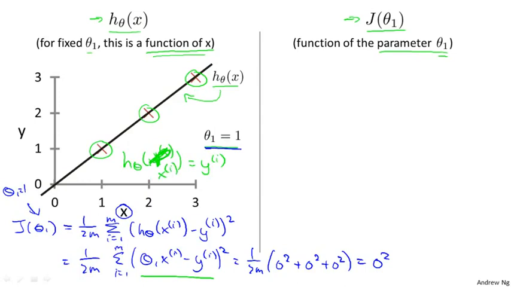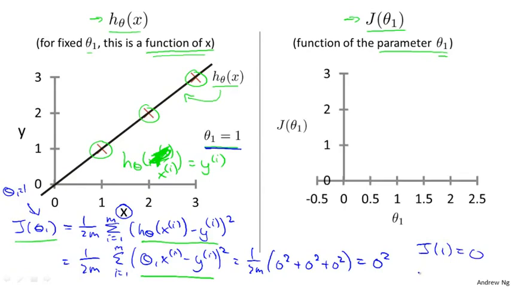And so h of x_i minus y_i, each of these terms is equal to 0, which is why I find that J of 1 is equal to 0. So we now know that J of 1 is equal to 0. Let's plot that.